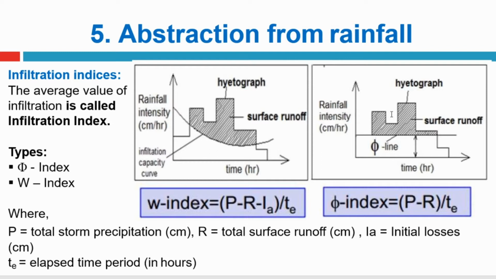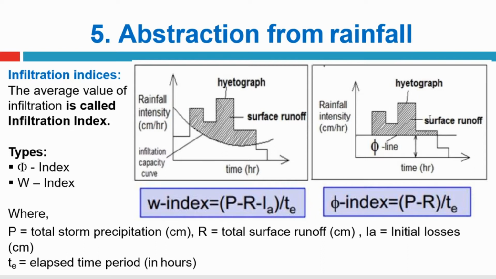We calculate how much flow is taking place in any given stream. If I calculate the discharge going through that stream, I can calculate the volume of water that has flowed because of one particular rainfall period, or one duration of rainfall. By that we can calculate the surface runoff.